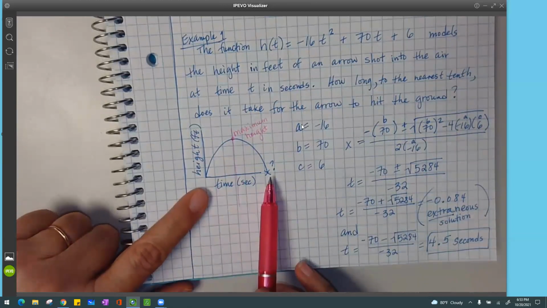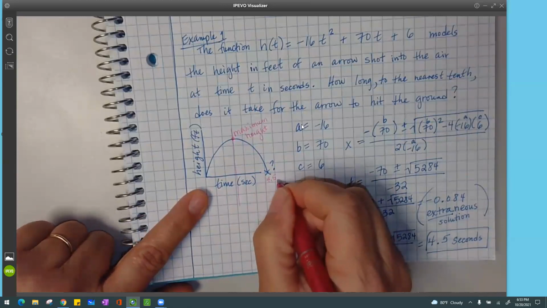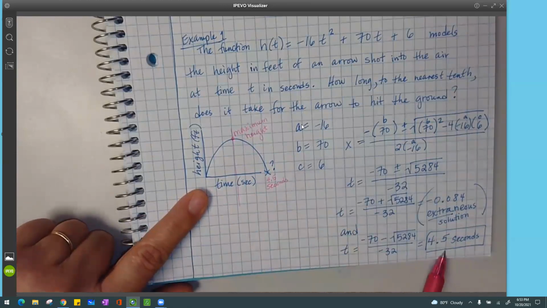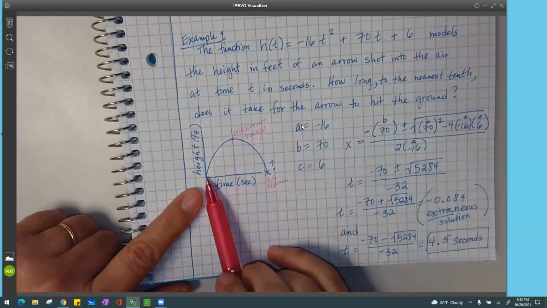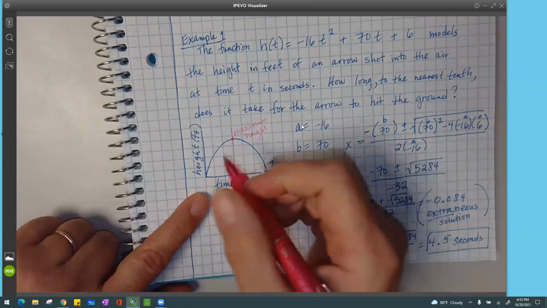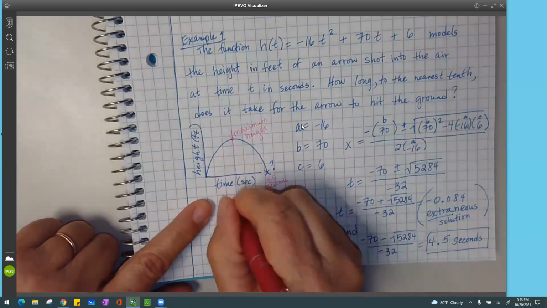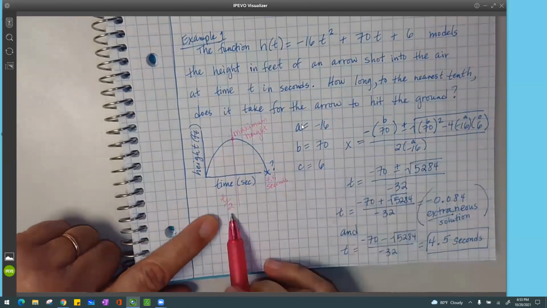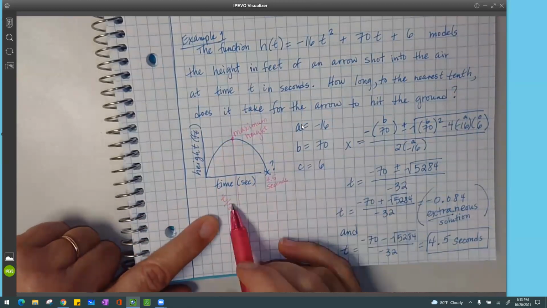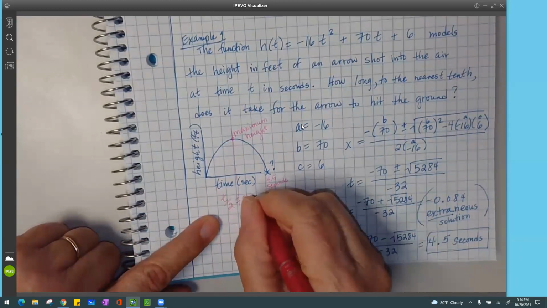If my time to hit the ground is 4.5 seconds, which is what I just calculated, then the time to get to the top, the highest point, would be half of that. Four and a half divided by 2 is 2.25 seconds.